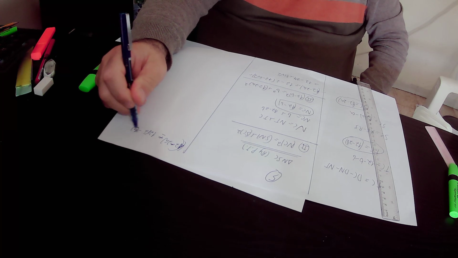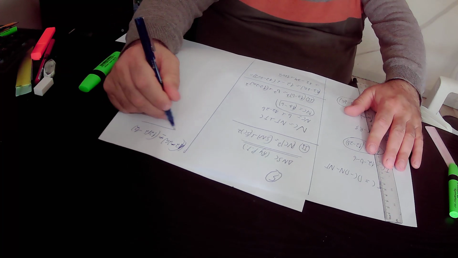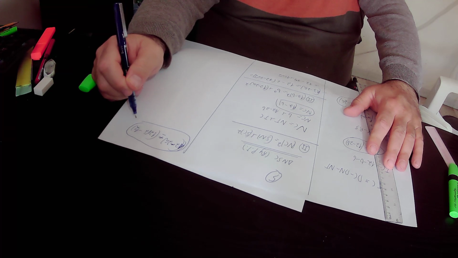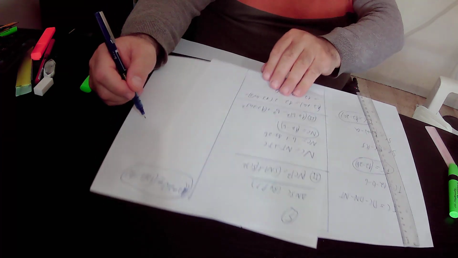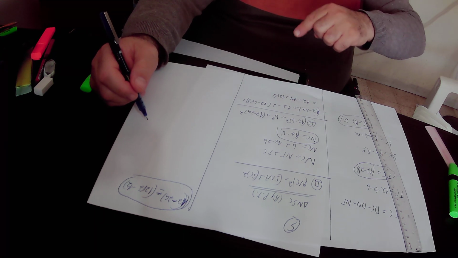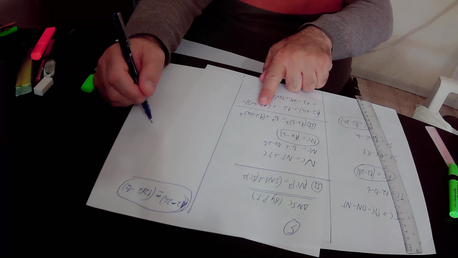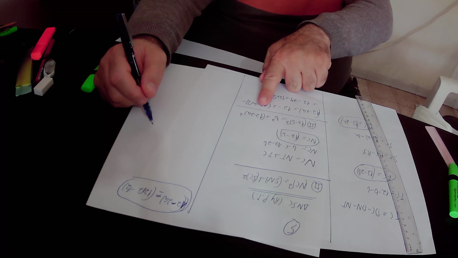So in conclusion, we found out that 12 minus 2a equals 12 times square root of 2 minus 12. So we can substitute 12 minus 2a in equation number 2 here by 12 times square root of 2 minus 12.